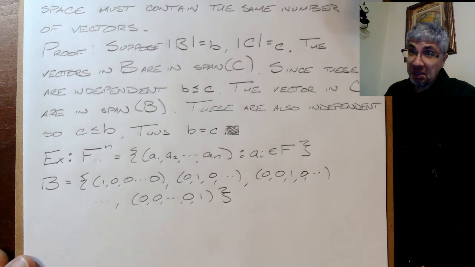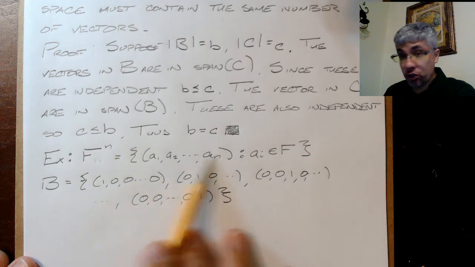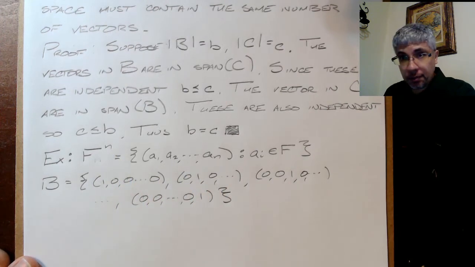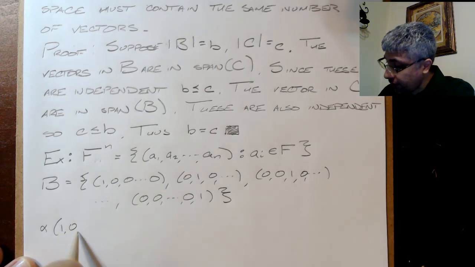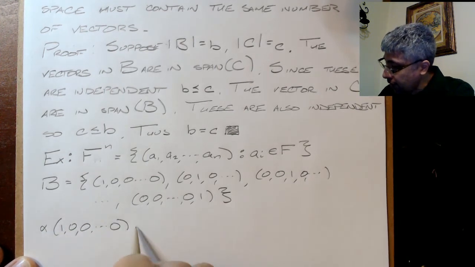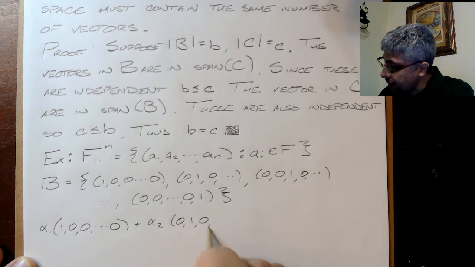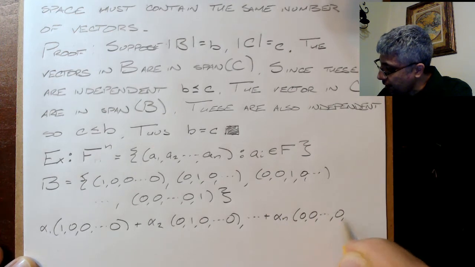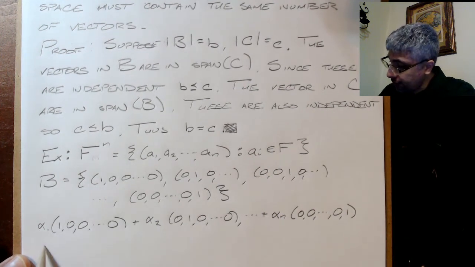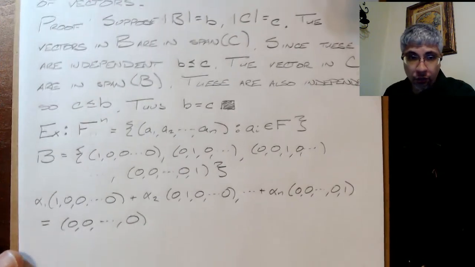So I know this is a collection of vectors that are all in F to the power n, right? So the n-tuples. What do I know about this collection? Well, they're independent, and how do I know that? Well, because if I have alpha 1 times the first one, plus alpha 2 times the second, and so on until I get alpha n times the last, and this equals 0, then what do I know?